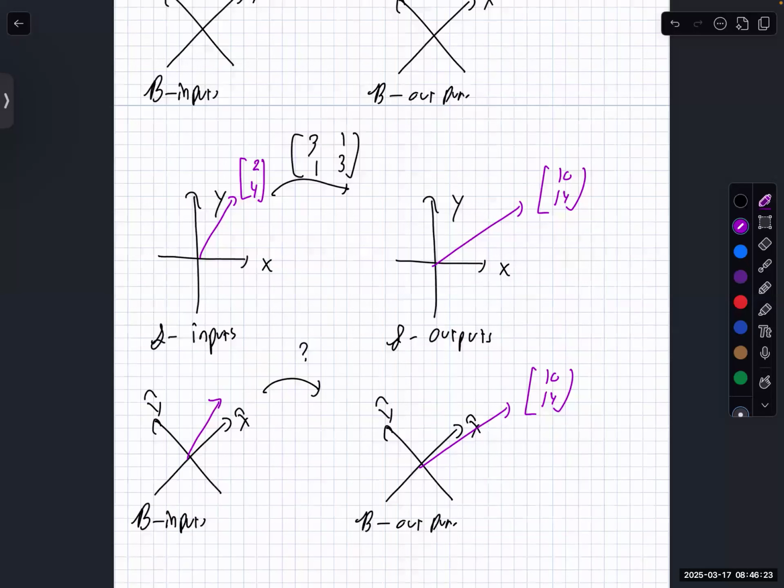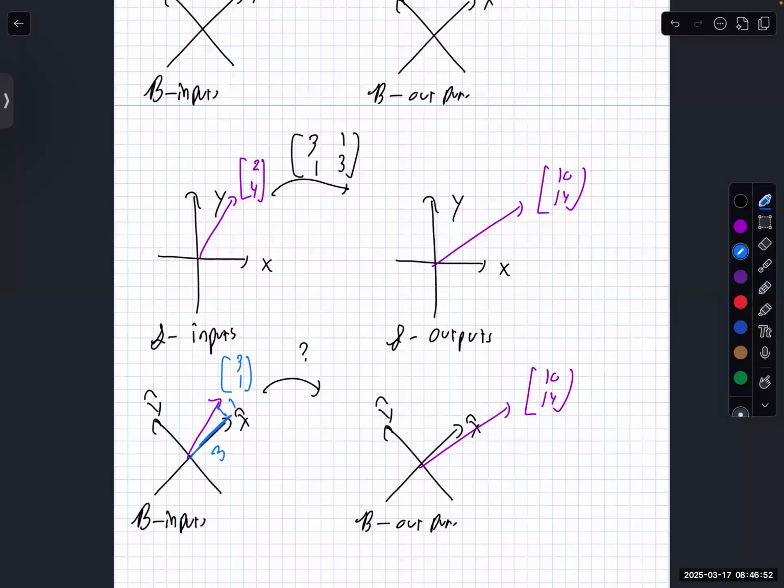Okay, so let's see, this is over 3 and up 1. So the coordinates of that vector relative to the new basis, the input is 3, 1. And actually, hold on.